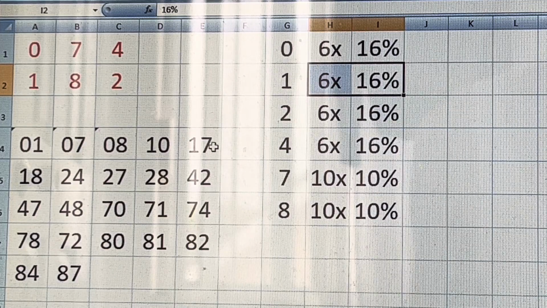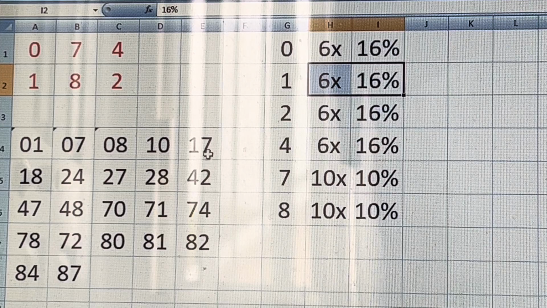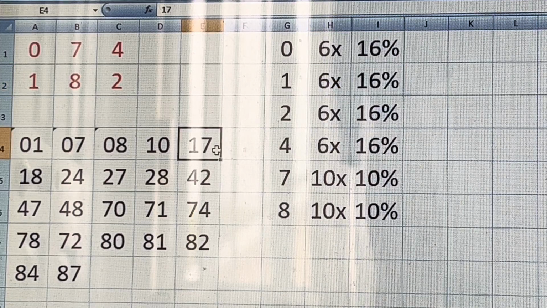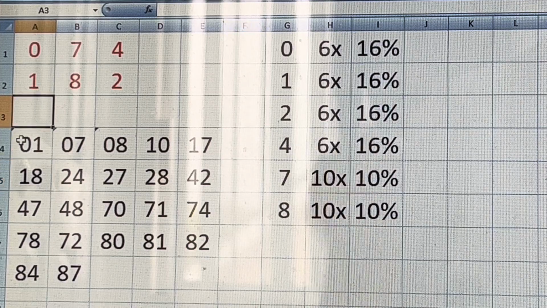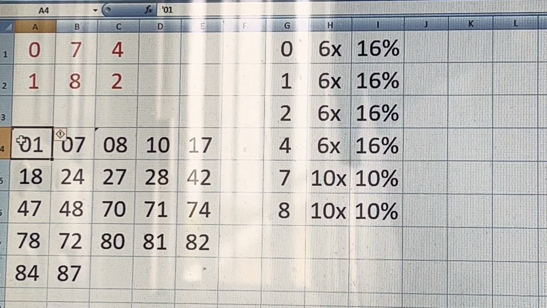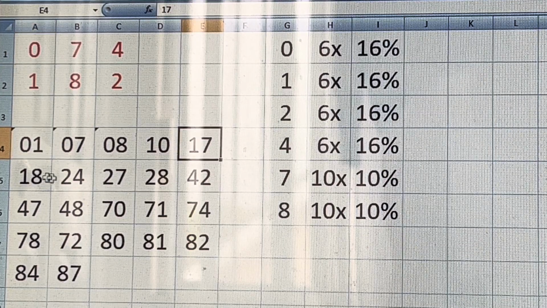So imagine the hat only has 17, 71, 81, 18, or 17, and 1. Then you only have 1 in 6 chances of picking that 17 correctly.